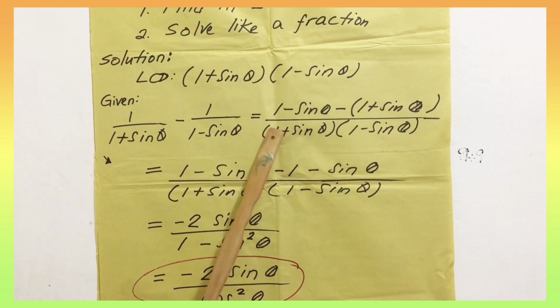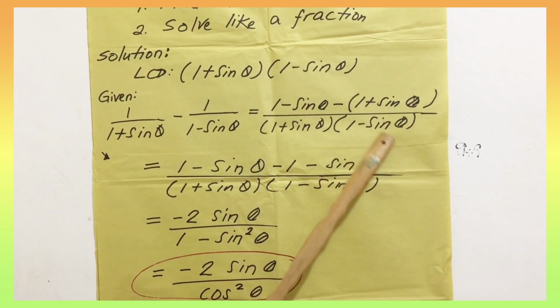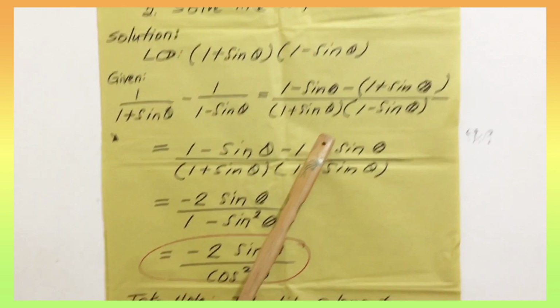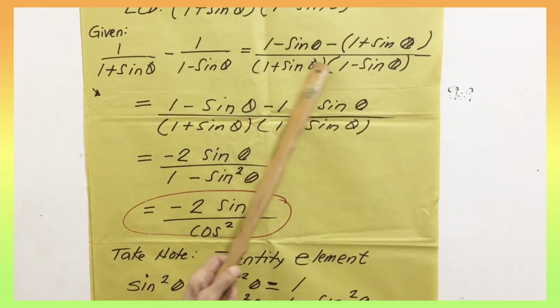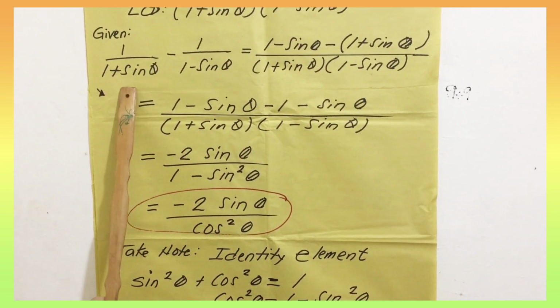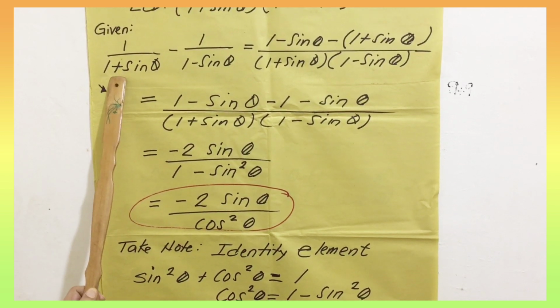This will be the LCD: 1 plus sine theta times 1 minus sine theta. And then we're going to divide this LCD, the denominator, by the first trigonometric expression.